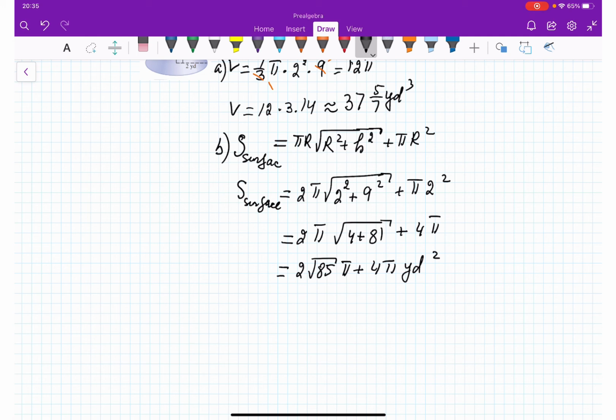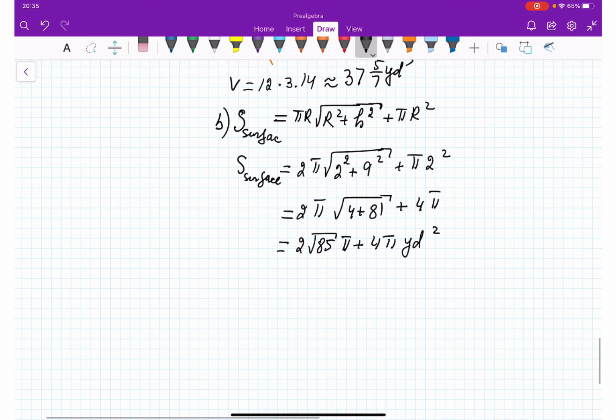Moving to next question, it's asking another approximate value. All you have to do for approximate value, 2 times the square root of 85, times the approximate value of pi, which is going to be 3.14, plus 4 times 3.14, and you can calculate it.